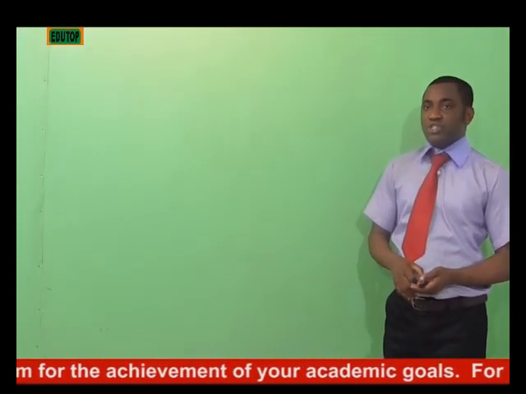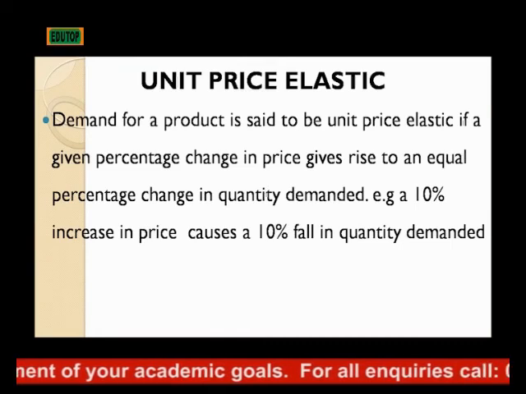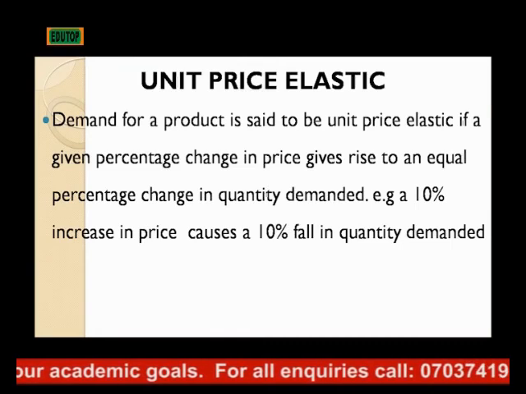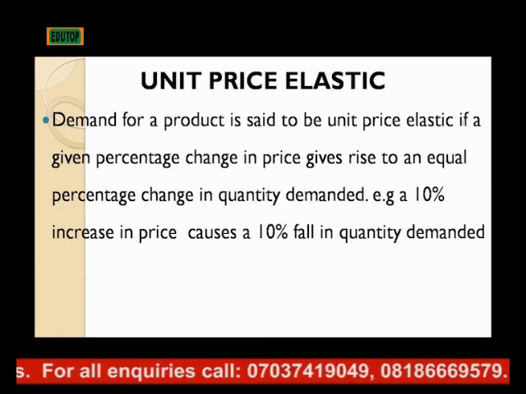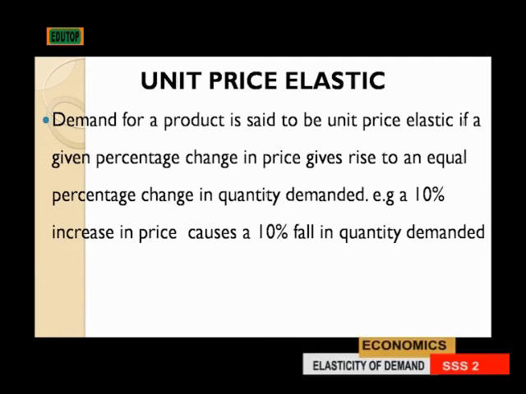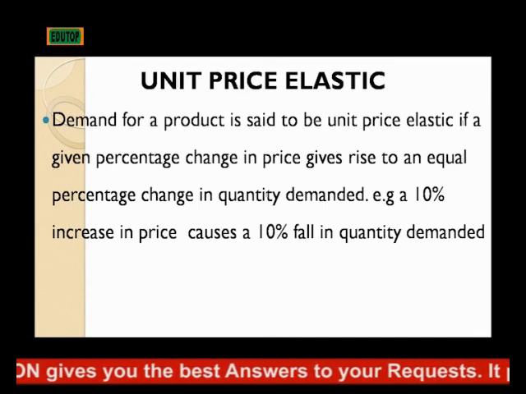And the next one is unit price elastic. We say demand for a product is unit price elastic if a given percentage change in price gives rise to an equal percentage change in quantity demanded. That is, a 10% increase in price of a particular product leads to a 10% reduction in quantity demanded.